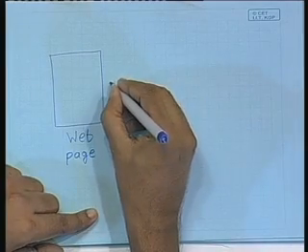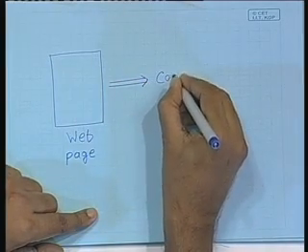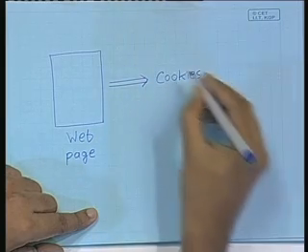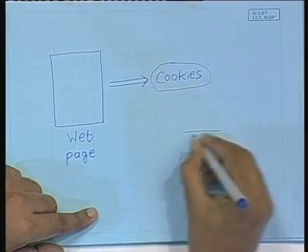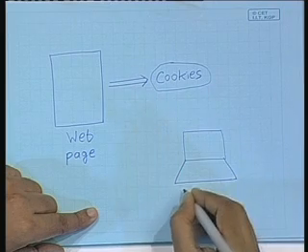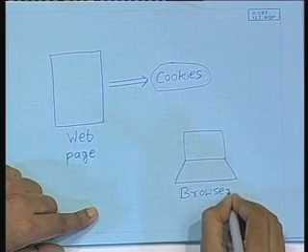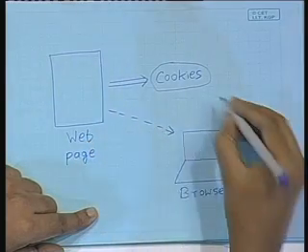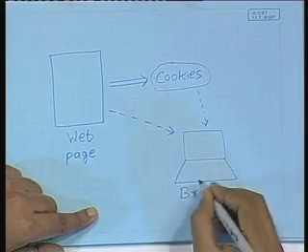Now, along with this web page, you define such named data called cookies. These cookies also get downloaded onto your so called web client or the browser. If this is the browser, then along with the web page, cookies also get downloaded and stored on the browser.